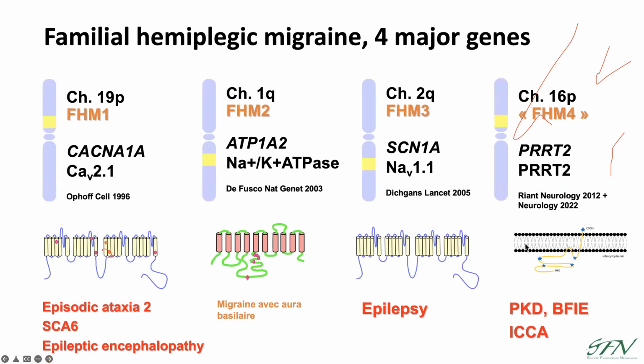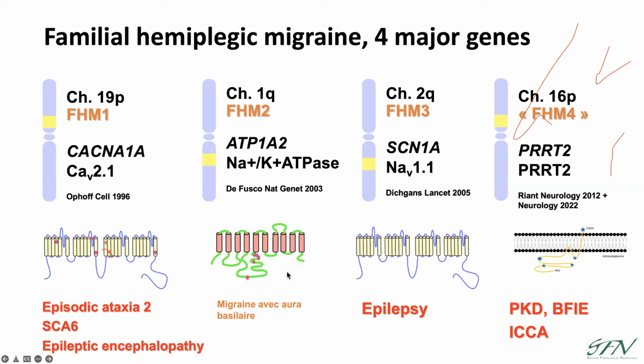So these are the 4 main genes that have been identified in familial hemiplegic migraine. The first one is called CACNA1A. It encodes a calcium channel gene, so a protein that is an ion channel to calcium.